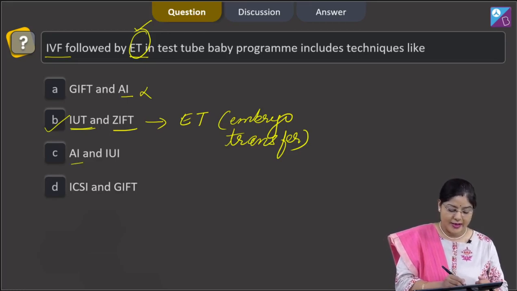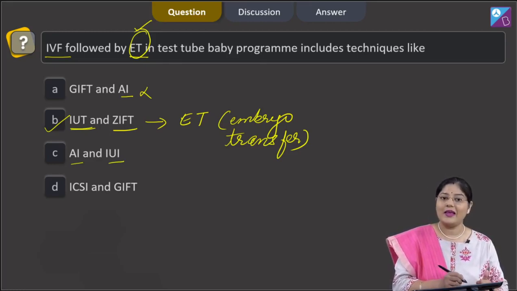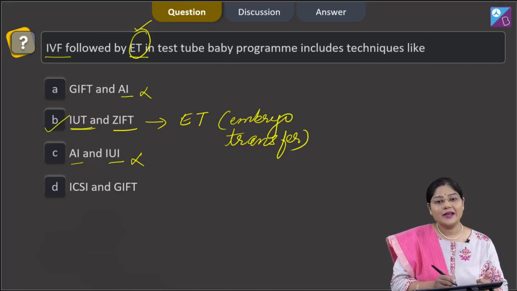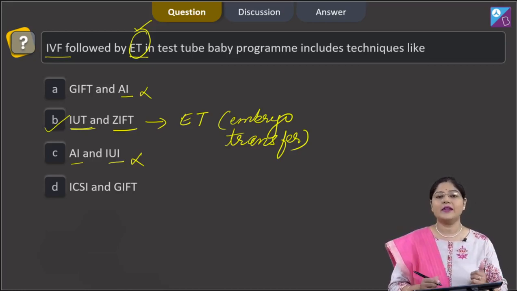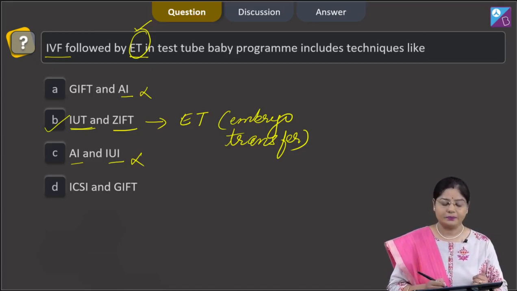Third option, AI and IUI. AI stands for artificial insemination and IUI stands for intrauterine insemination. So, as discussed, AI and IUI are not part of IVF. In AI and IUI, in vivo fertilization occurs. Fourth option, ICSI and GIFT. ICSI stands for intracytoplasmic sperm injection, and in ICSI, sperm is directly injected into the cytoplasm of secondary oocyte.